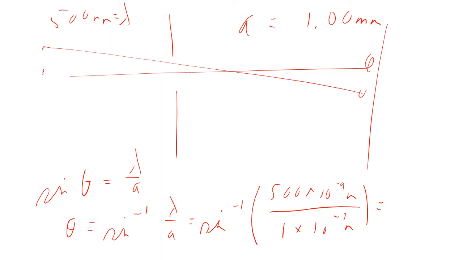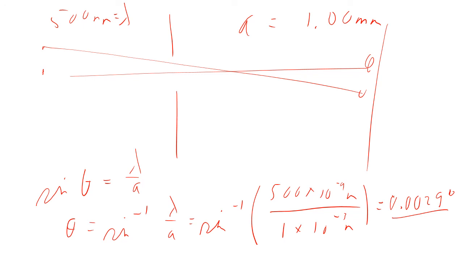Notice that we have to be careful with our units. If we're not careful with the units, this is not going to work out for us. We end up with 0.0029 degrees. So we went from about 20 degrees resolution to a fraction of a degree resolution.